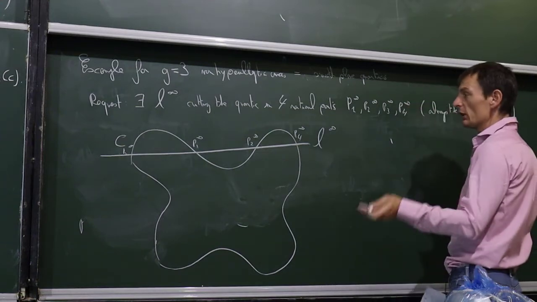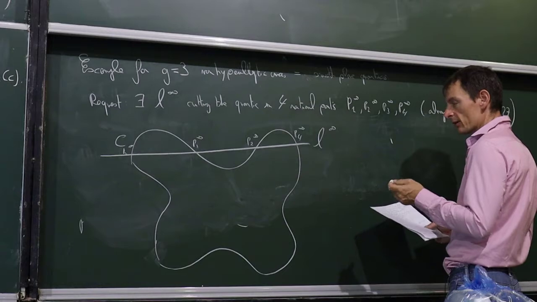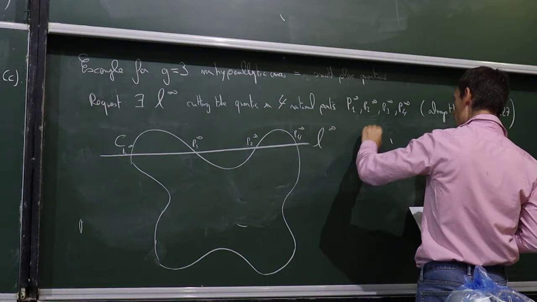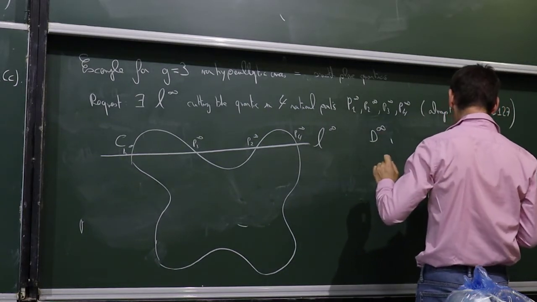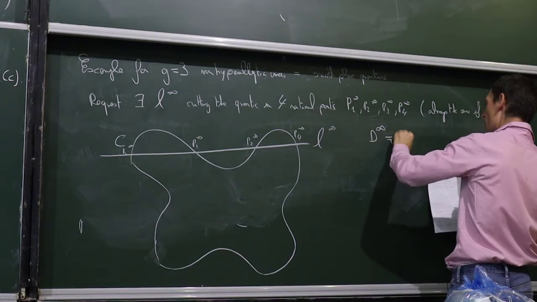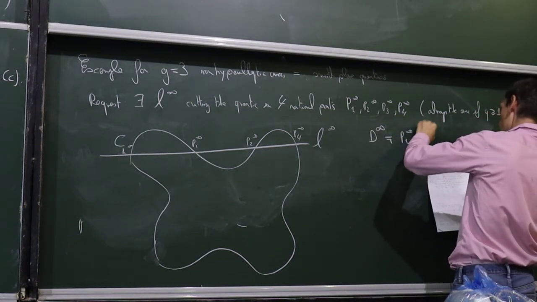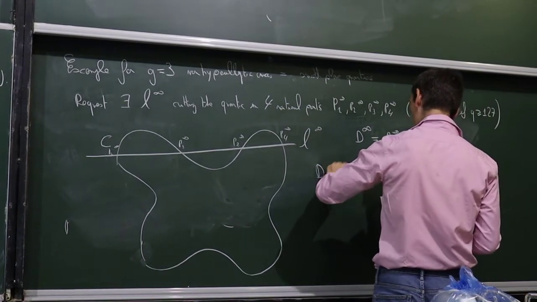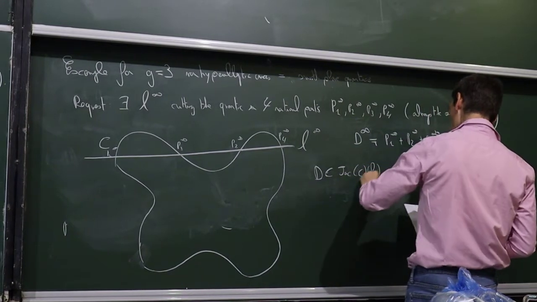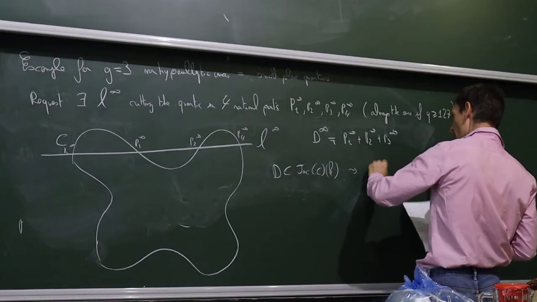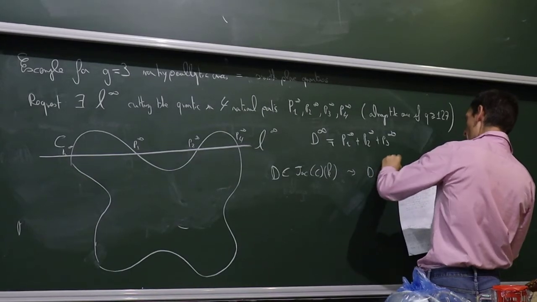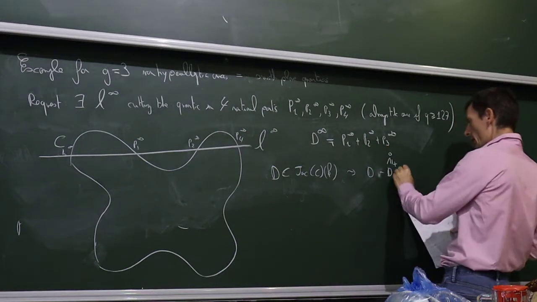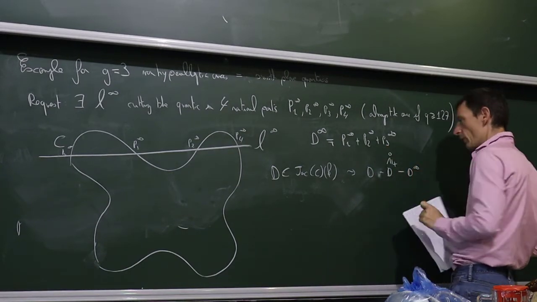So instead of taking g times a divisor of degree 1, I can directly take a divisor of degree 3 in this case. So my divisor at infinity, D infinity, is going to be P1 infinity plus P2 infinity plus P3 infinity. So any D inside the Jacobian of C over K, I'm going to represent as an effective divisor that I denote D plus, minus D infinity.